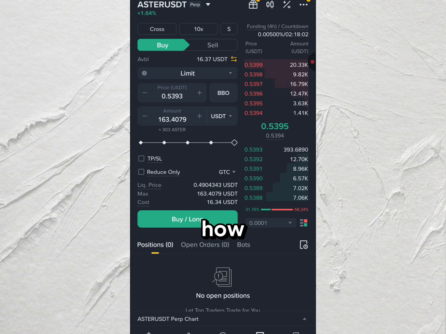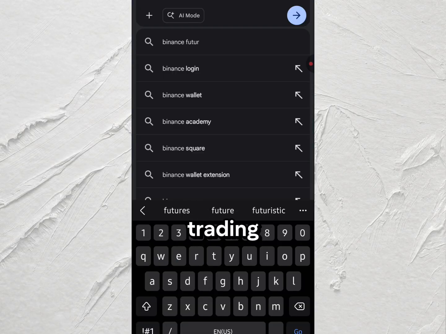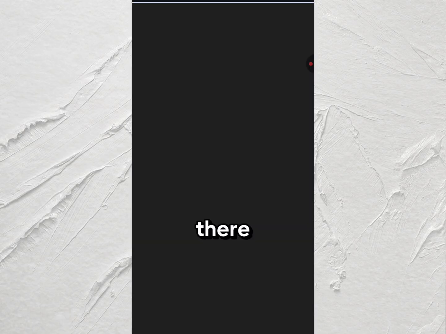So now, how to calculate your future trading fee. Let us find out how much Binance will take for future trading fee. Look at it there.